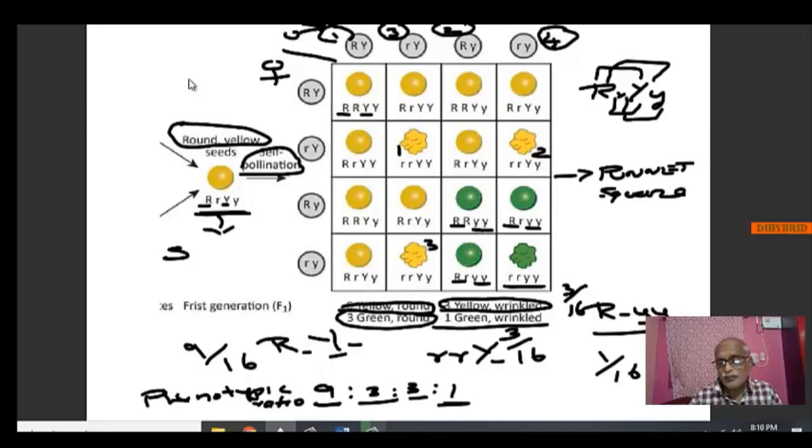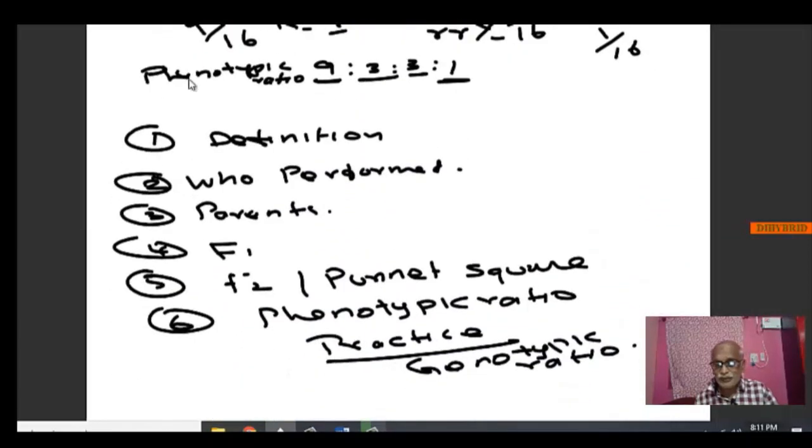We have 1, 2, and so 1 is to 2 is to, like that. Find the genotype and find out how many are like that among the 16. You split the ratio for the genotype and study it. So while you are studying, keep these things in mind.